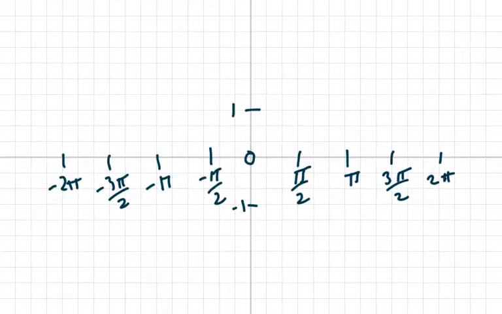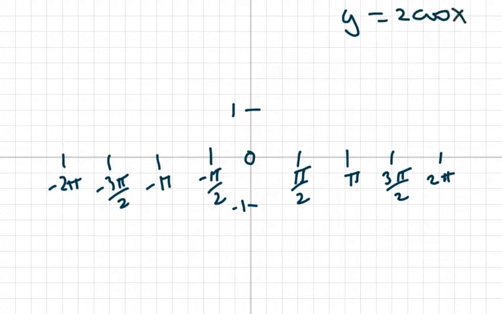Okay, the next one we were going to do is y equals 2 cosine of x minus 2. So instead of drawing the parent function, I'm just going to go ahead and graph this part. So we're going to go up to 2 here and negative 2 here.